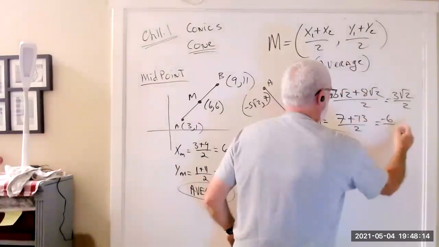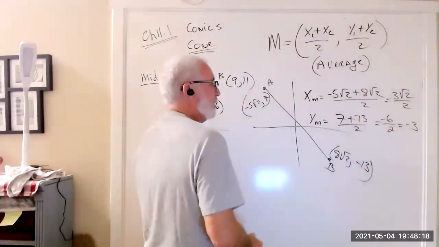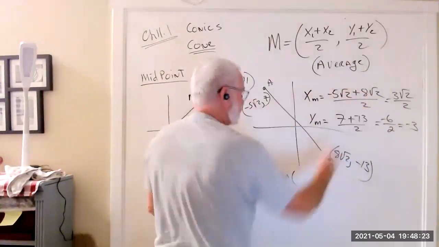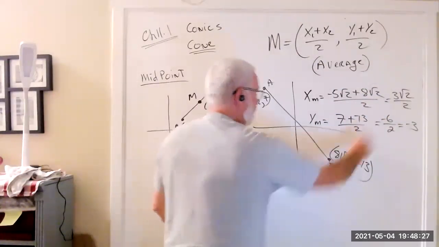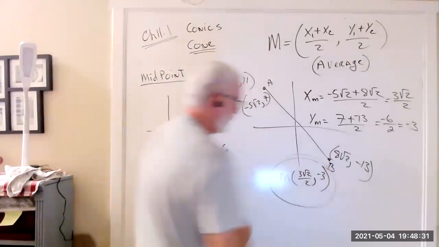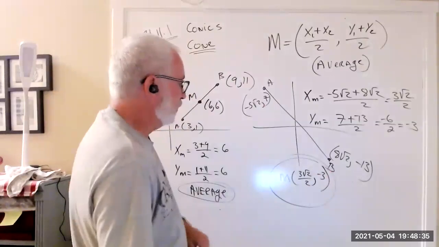That's -6 divided by 2. That's -3. So the midpoint, wherever that is, is 3 radical 2 over 2, comma, -3. That mess right there is the midpoint.